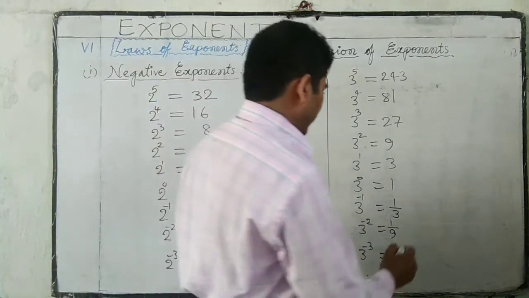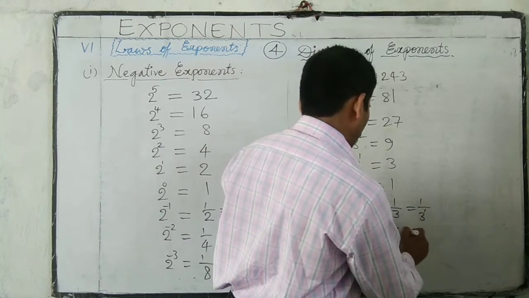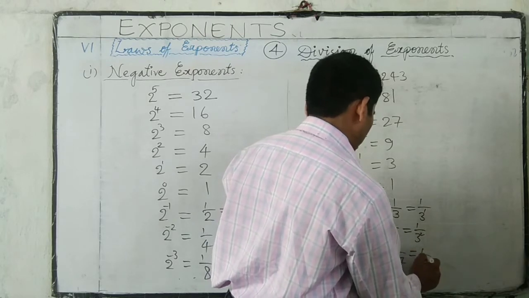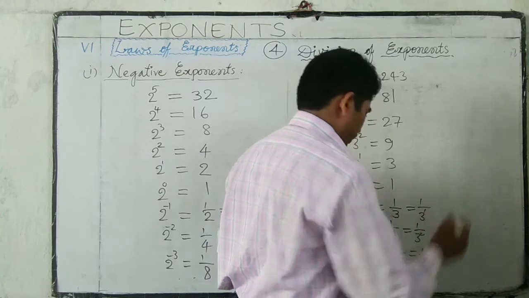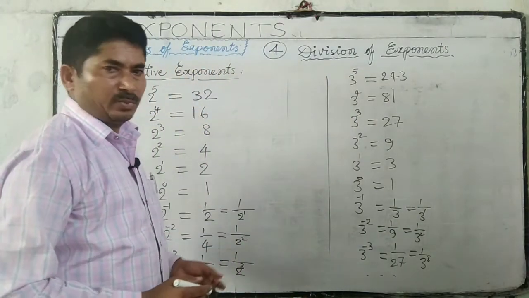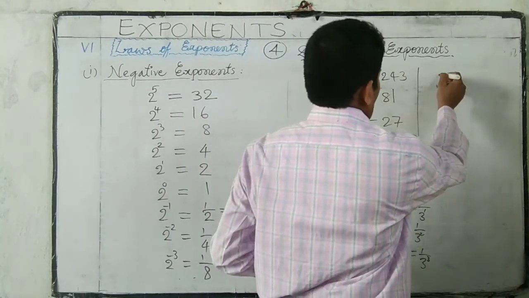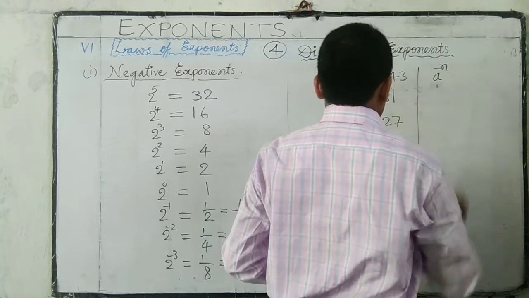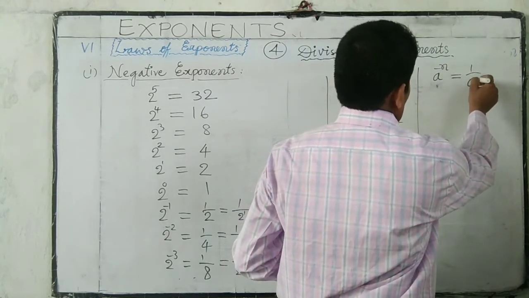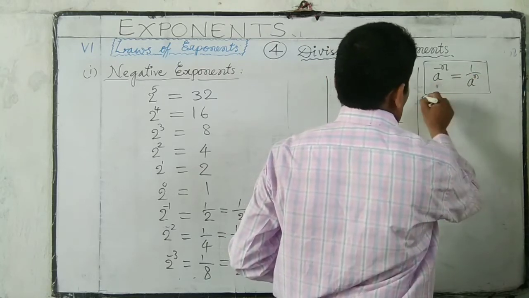And also we can write here 1 by 3 to the power of 1, 1 by 3 square, 1 by 3 cube, 27 is 3 cube. By observing these two examples, we can conclude a to the power of minus n is equal to 1 by a to the power of n. So this is the formula.